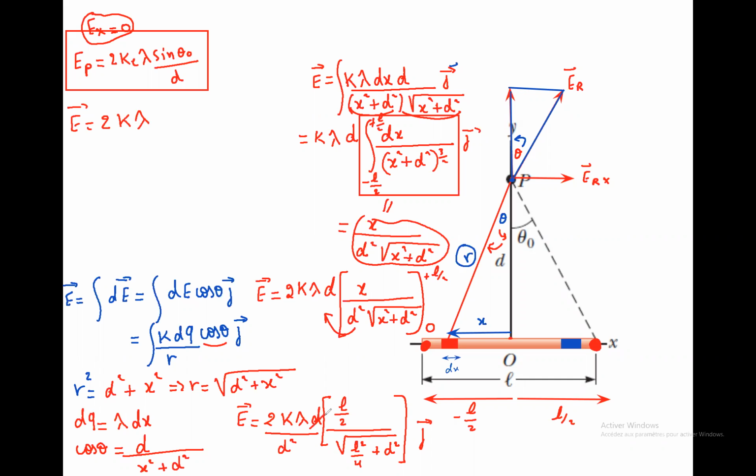We can cancel d by d. You will get d here, and up you have 2 and 2. We can cancel 2 by 2. You will get L divided by radical L over 2 square plus d square.